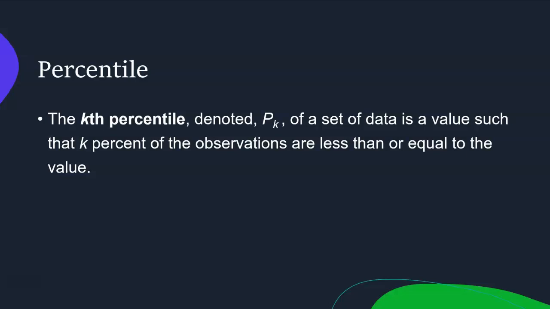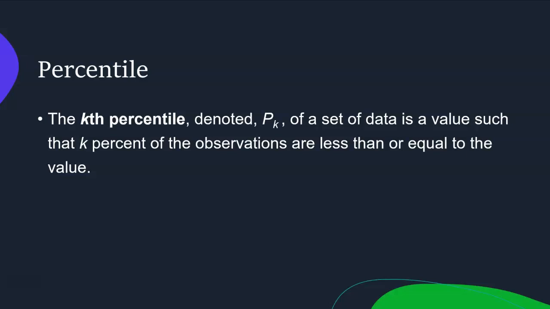And if they're in the 90th percentile for weight, then they are the same weight or bigger than 90% of the individuals whose body weight is taken at their age. So basically, it just means that k% of the observations are less than or equal to that value. Hopefully that makes sense, okay?